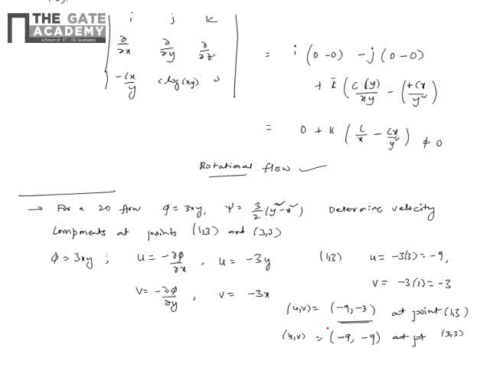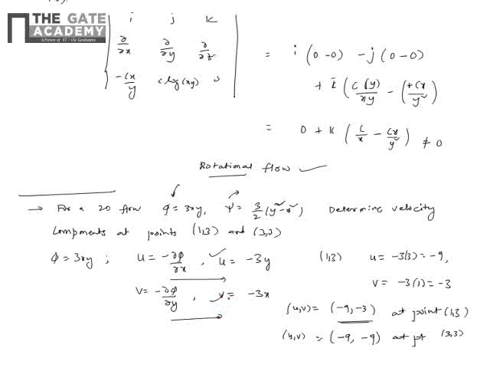The other kind of problem is, given one function phi, you need to find the other function. Once one of the functions is given, let's say velocity potential is given, you first need to find the expressions for the velocity components u and v, similar to what we did in the problem.